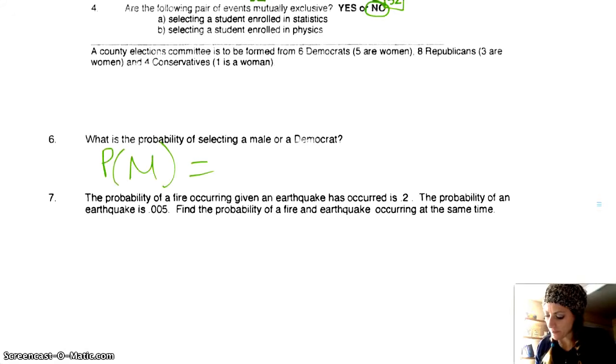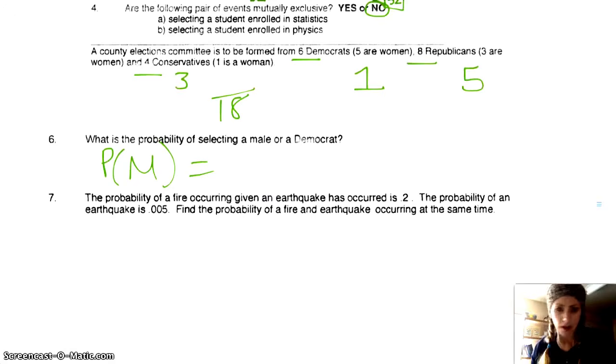Well, we know that out of the 18 people, 5 are women of the Democrats, so that means there's 1 man there. 3 out of the 8 Republicans are women, so that means that 5 are men, and then of the conservatives, 1 is a woman, 3 are men.